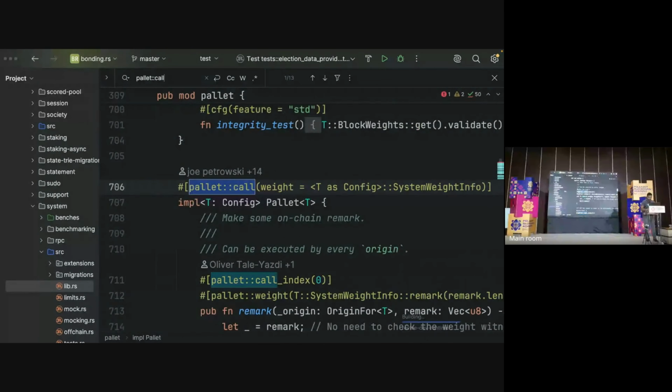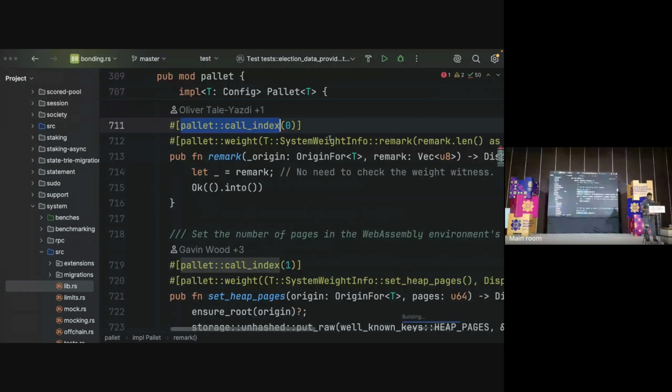Let's look at some calls. Do you know about remark? Can anybody tell me what this is doing?